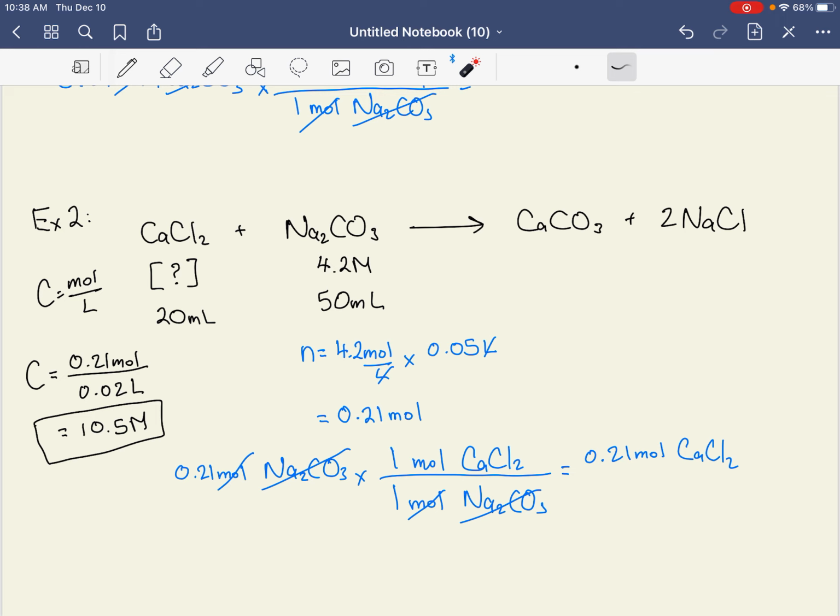So we're not done with solution stoichiometry. We will come back to this in a more meaningful way, in a way that is more popularly investigated, and it is a method of finding an unknown concentration known as the titration method.